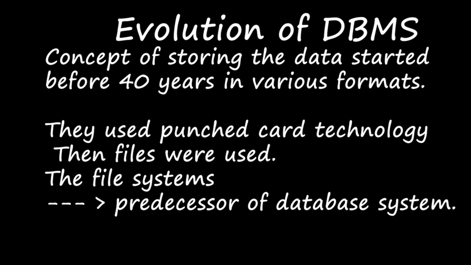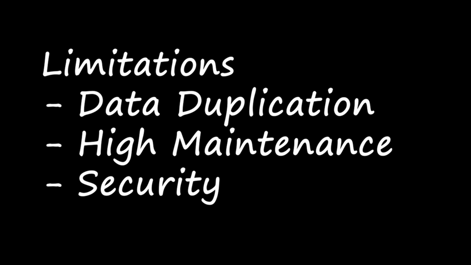After that, files were stored, which are called predecessors of the database system. Various methods in the file system were used in the olden days. The file system had more limitations, that means some disadvantages also. The disadvantages are data duplication, high maintenance cost, security problems and so on.